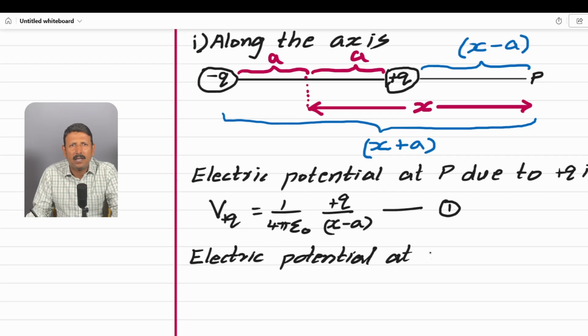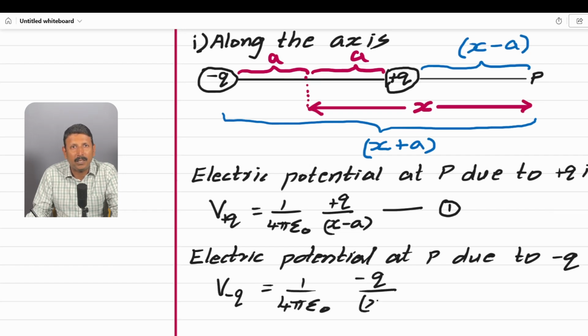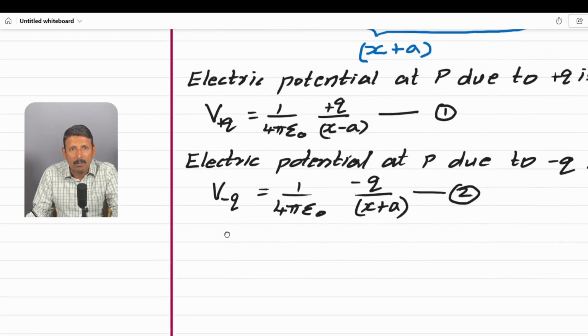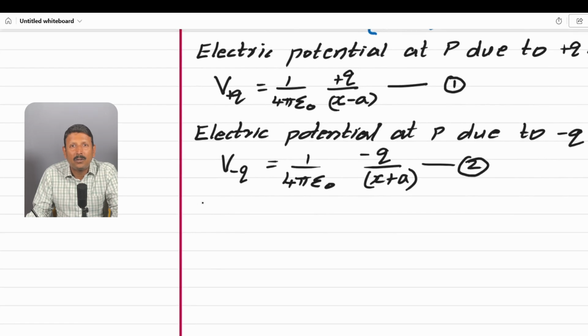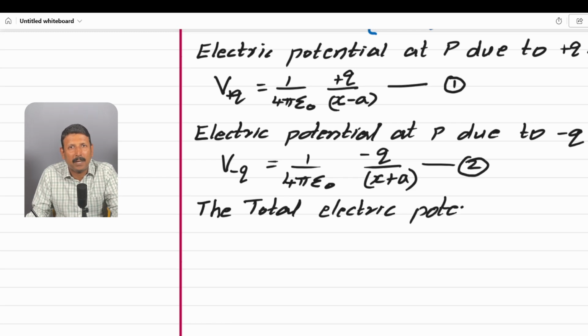Now we come to the second part, that is the electric potential at the point P due to the minus Q charge. Our final plan is that the total potential at the point P will be the sum of these individual potentials. So electric potential at P due to minus Q is V minus Q is equal to 1 by 4 pi epsilon 0 times minus Q divided by x plus a, because the distance from minus Q to P is x plus a. Now we can write the total potential.